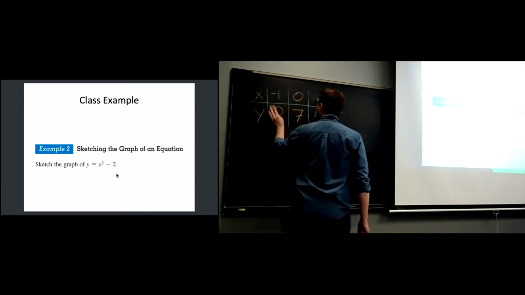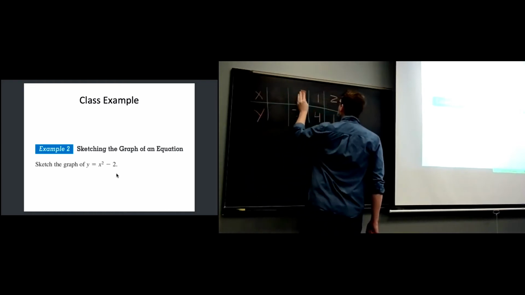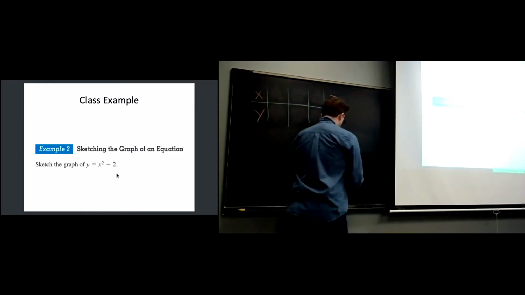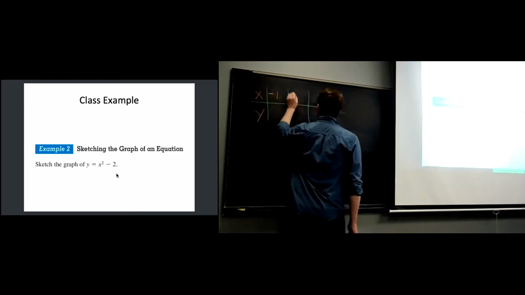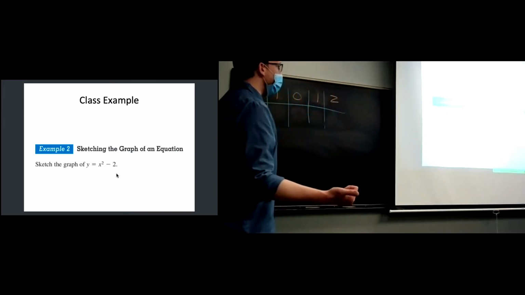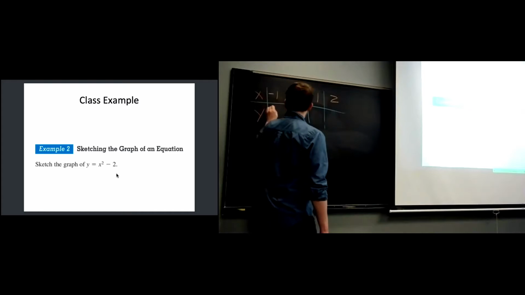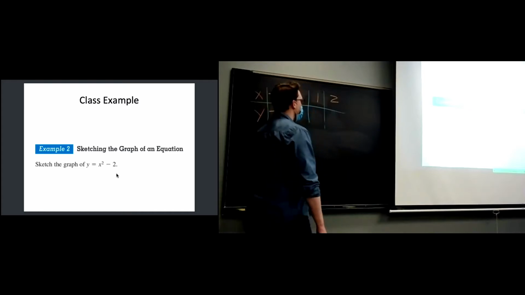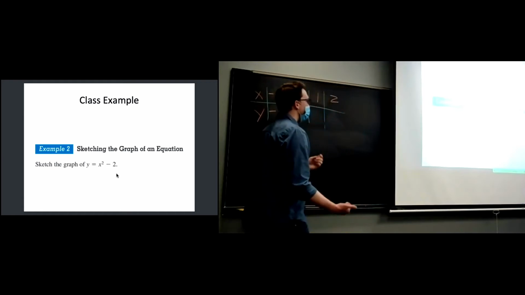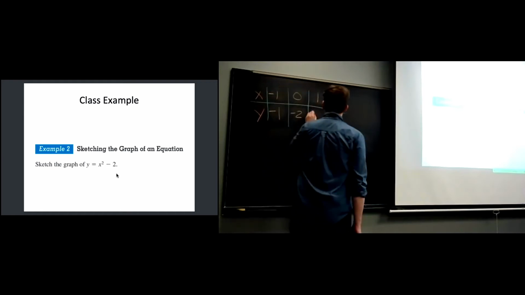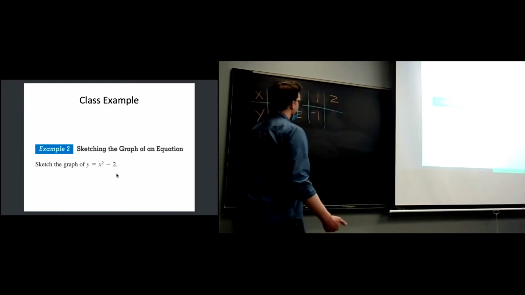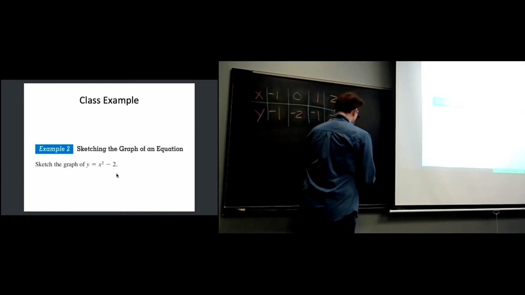Okay, we'll use -1, 0, 1. -1 squared is 1, minus 2 is going to be -1. 0 squared is 0, minus 2 is going to be -2. 1 squared is 1, so we're going to get -1 again. 2 squared is 4, minus 2 is going to be 2.